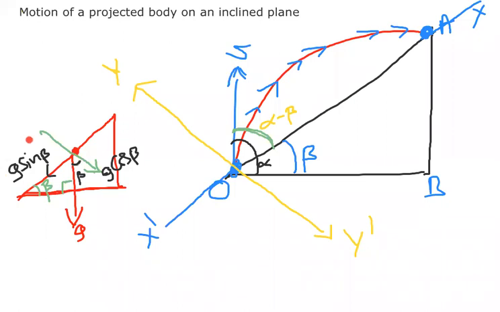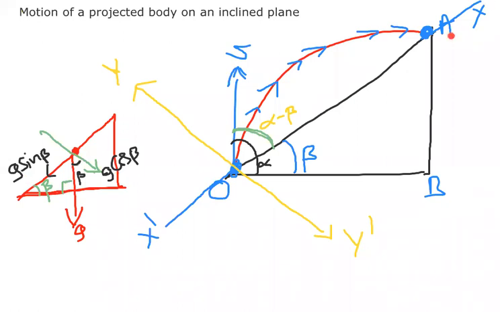Here the x-axis is not horizontal; don't call this the x-axis, call this horizontal. Now this plane is along the x-axis, so actually g sin beta is along the x-axis, and g cos beta is along the y-axis.